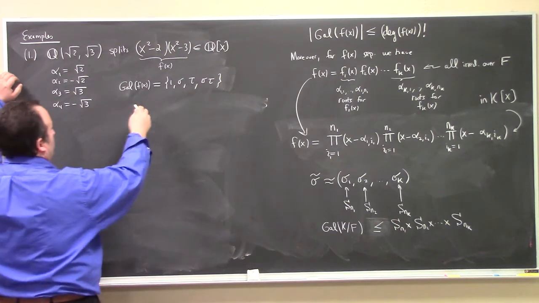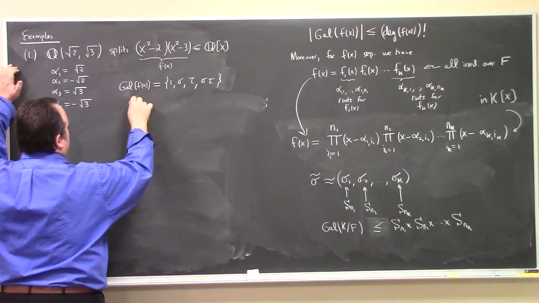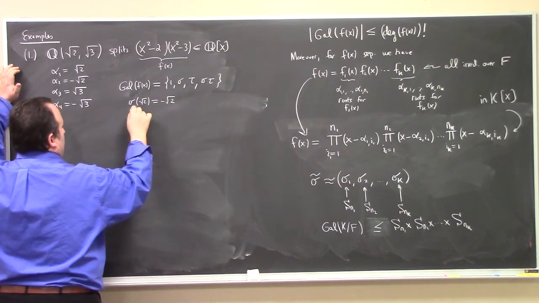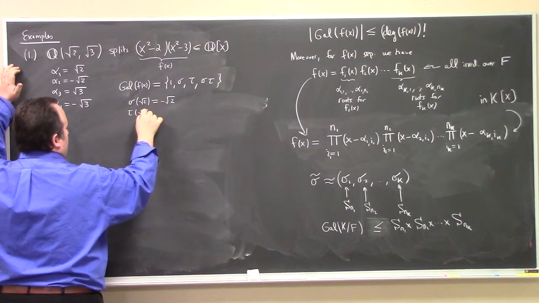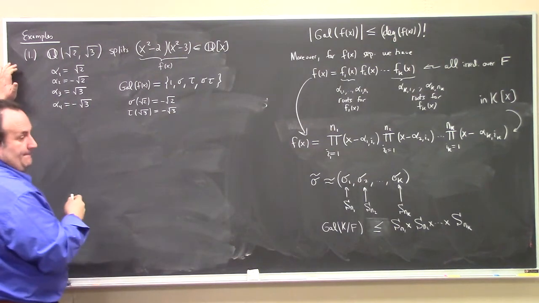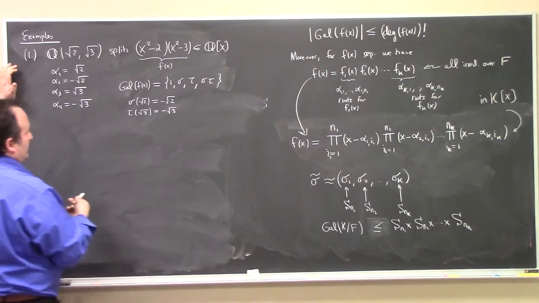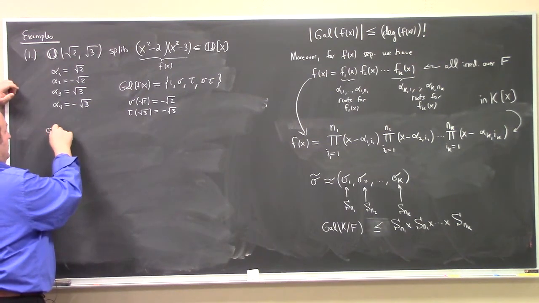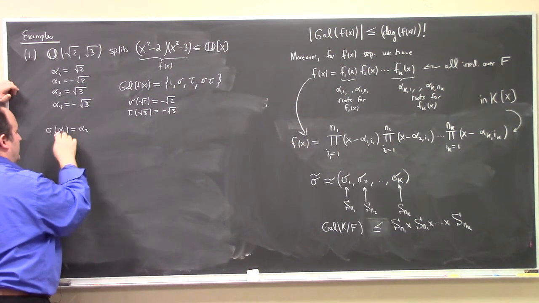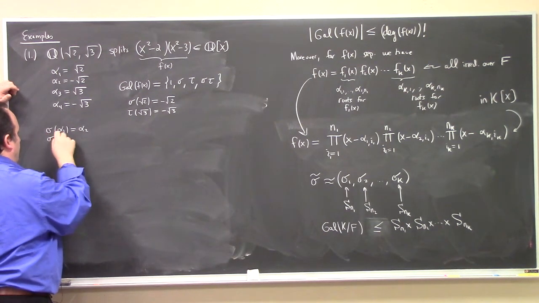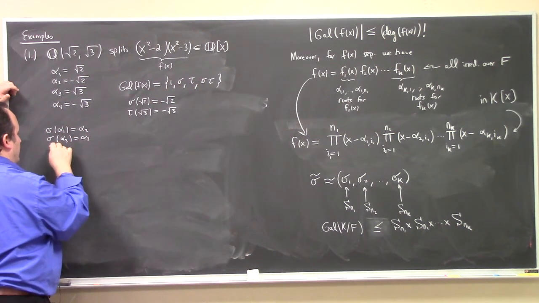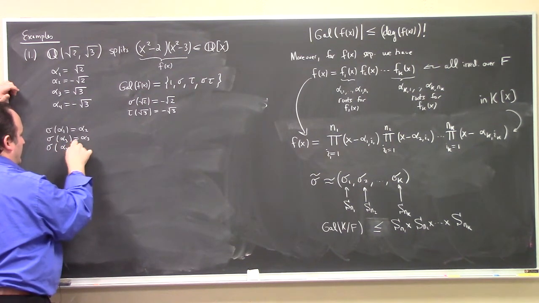So here, sigma of the square root of 2 was minus the square root of 2, and tau of the square root of 3 was minus the square root of 3. Let me be a little bit more explicit. Sigma of alpha 1 equals alpha 2, and sigma of alpha 3 is alpha 3, and sigma of alpha 4 is equal to alpha 4.